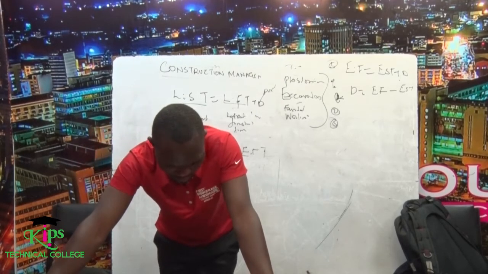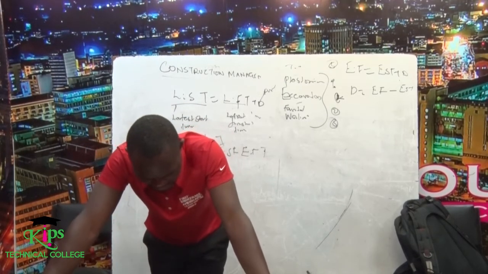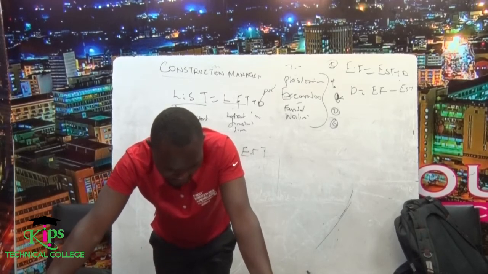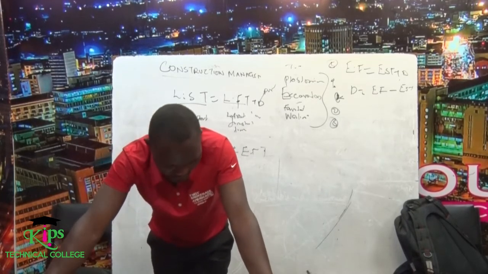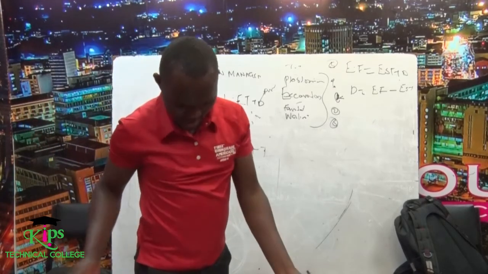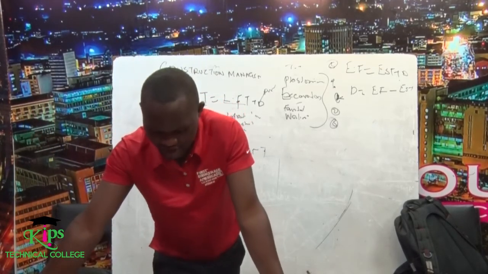Then we have the backward pass, which starts with the earliest finish time of the final activity and continues with the computations of the allowable time for the next activity.